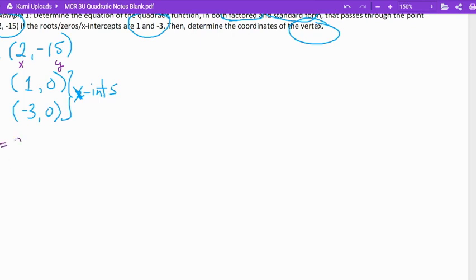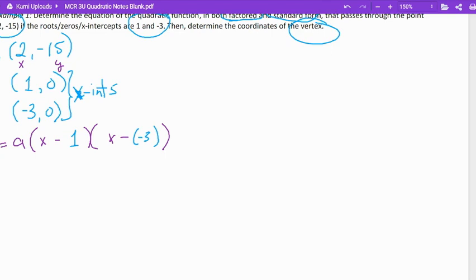That is y equals a, I don't know a, (x minus, and we'll plug in the two roots. So one root is 1, the other root is -3. So just pause here and notice what we did. We used the factored form, and we're plugging in the two roots.